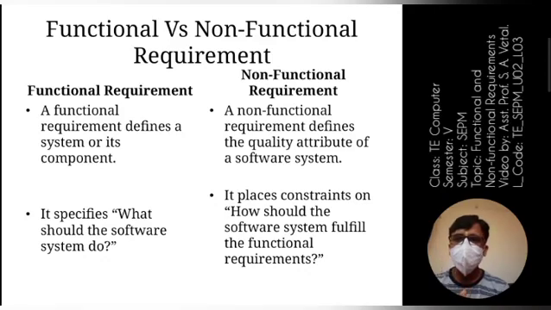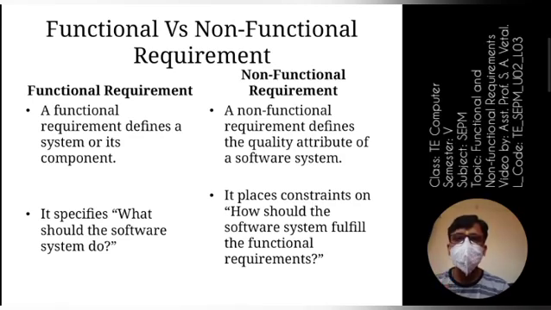But on the other hand, a non-functional requirement places constraints on how the software system should fulfill the functional requirement. Obviously, we are going to perform different kinds of functions and features in that system, right? That will be our functional requirement. But how we are going to provide those functionalities is going to be decided with the help of the constraints that we already discussed in the last slide.